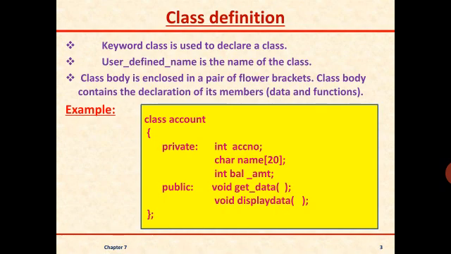And then in public we have taken some functions, that is void getdata as well as void displaydata. After that we close the brace followed by a semicolon. You can check the syntax along with this example and you will find we are following the entire syntax to create a class.